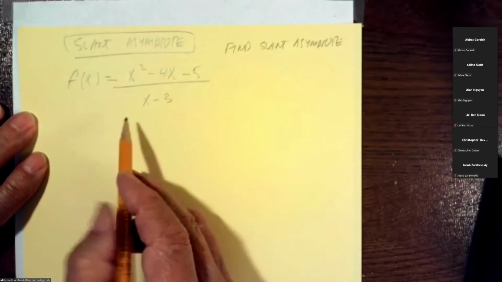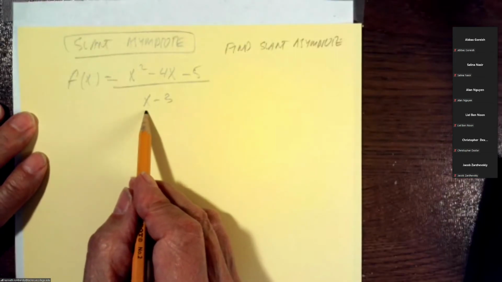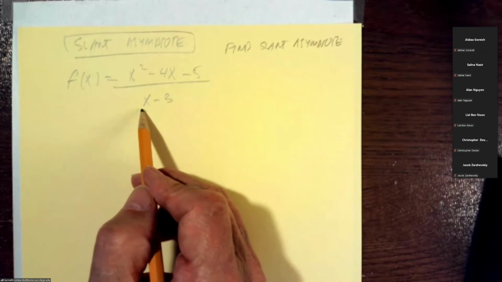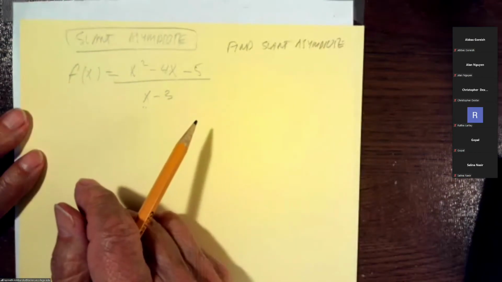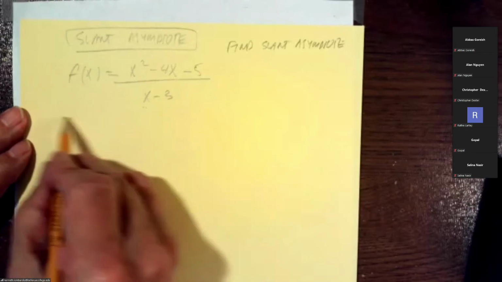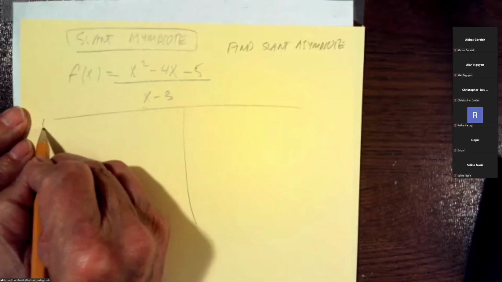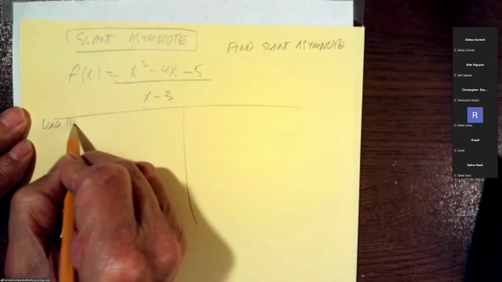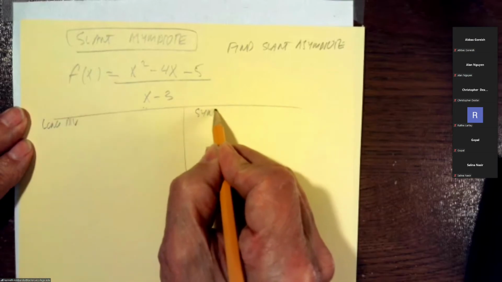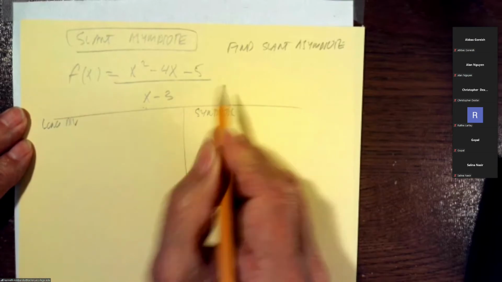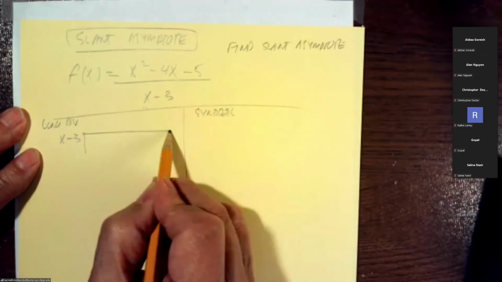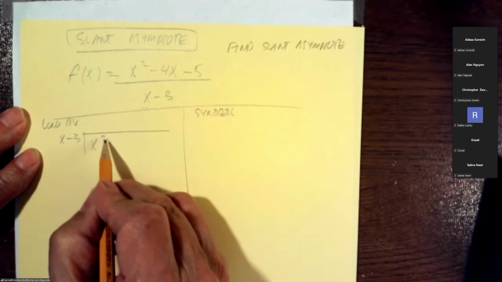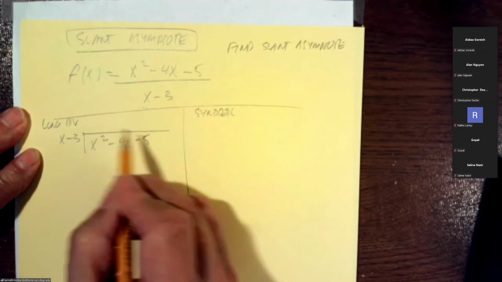Okay, so if I were to do this long division, or synthetically, we could do it any way we want. Well, maybe we can do it both ways. If I do it long division, I'll say x minus 3 into x squared minus 4x minus 5.